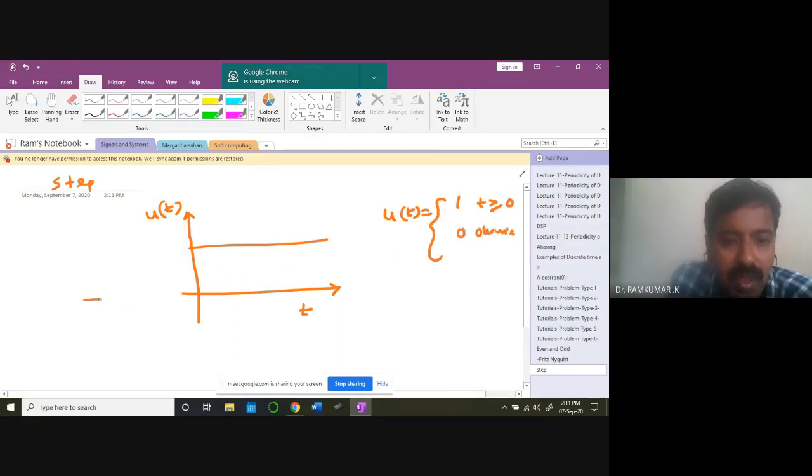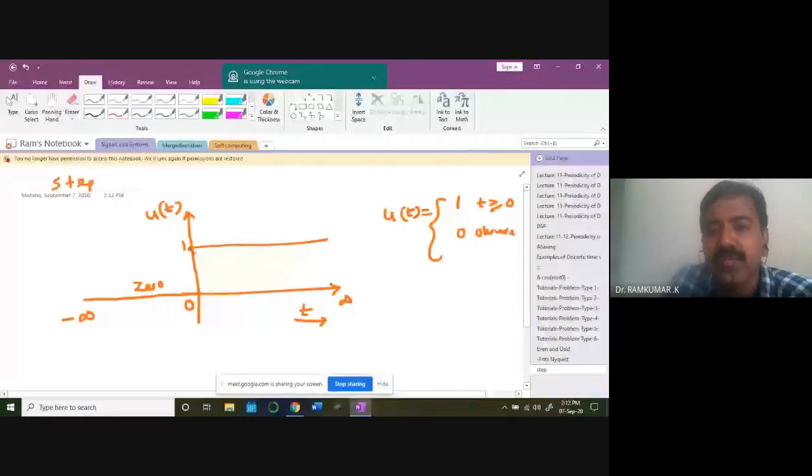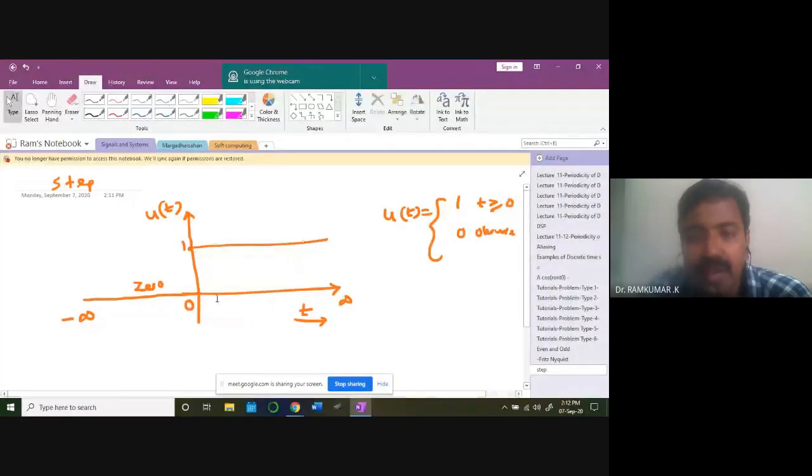So for all values from minus infinity to 0, the value is 0. Only from 0 to infinity does the signal exist, and that value is constant. So we can easily recognize this waveform.